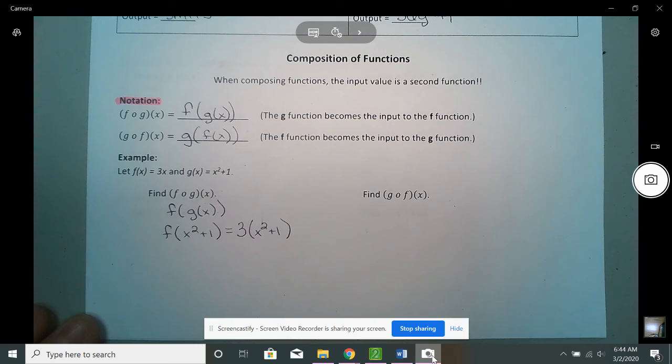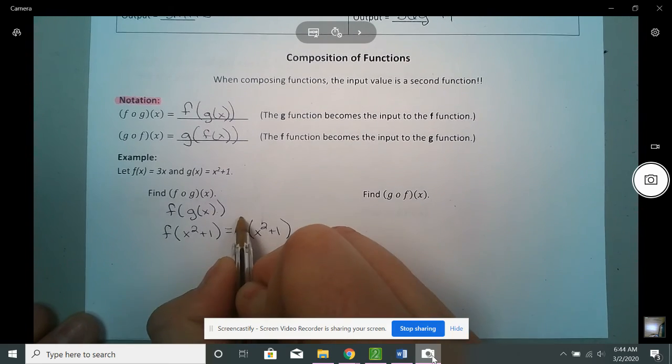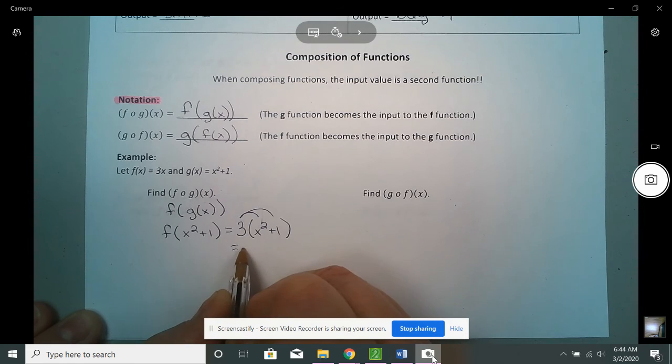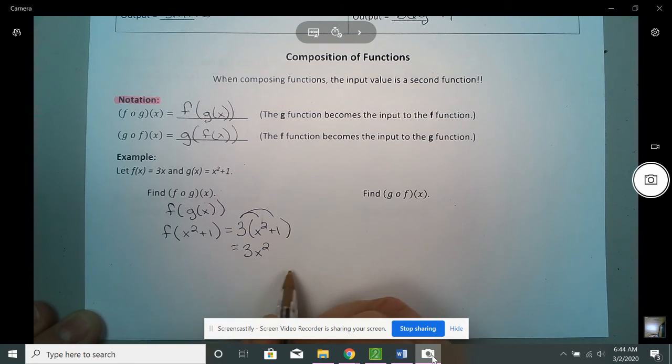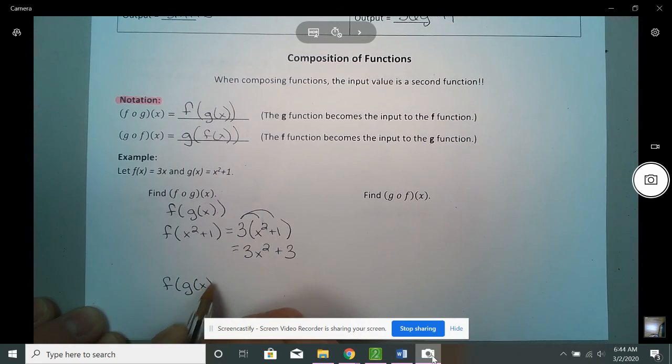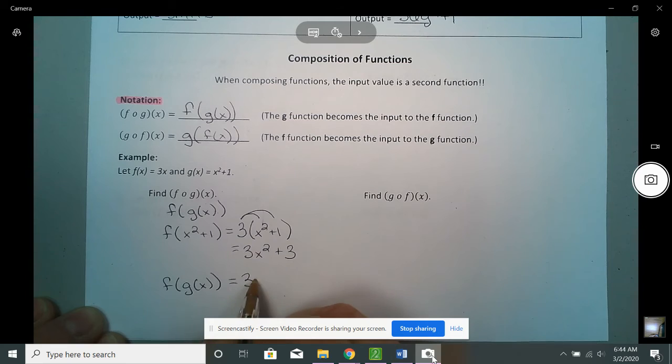Now, to simplify that function, I would just distribute the 3. 3 times x squared is 3x squared, and 3 times 1 is 3. So f of g of x would be equal to 3x squared plus 3.